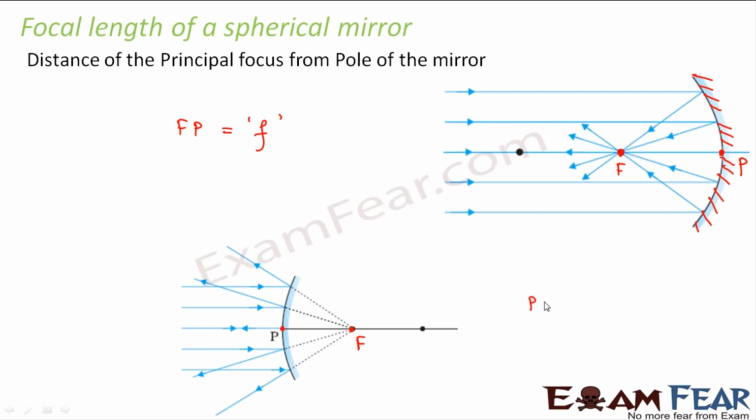So in this case also, this PF becomes the focal length, right? So this is the focal length of a spherical mirror. So what are the terms related to a spherical mirror? Pole, center of curvature, principal focus, principal axis, focal length of a mirror, radius of curvature of a mirror, right? So these are the terms which we learned so far.